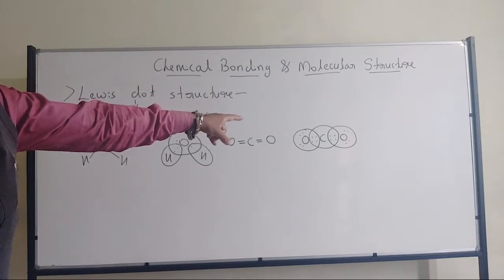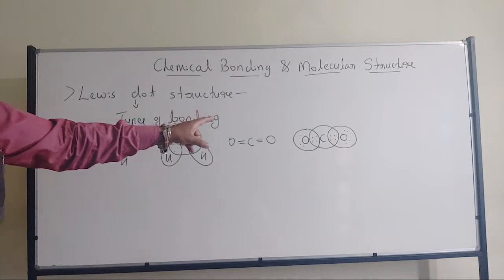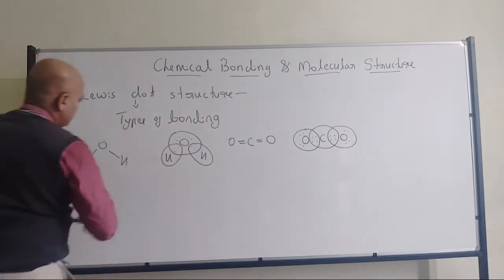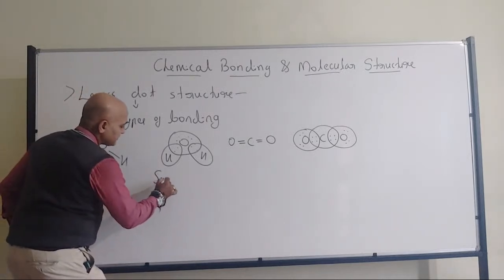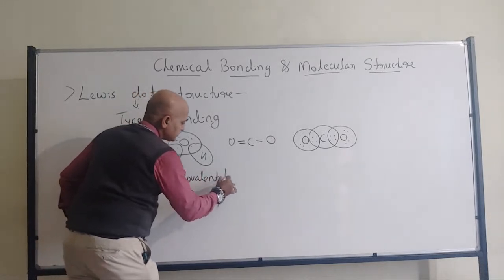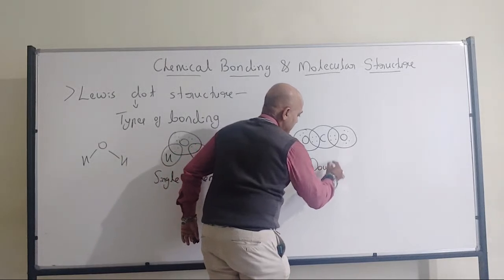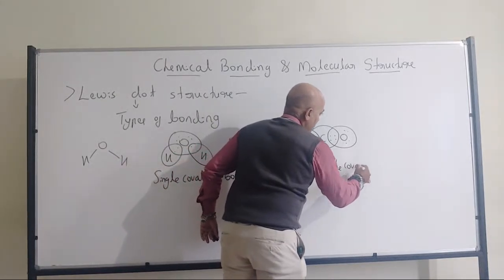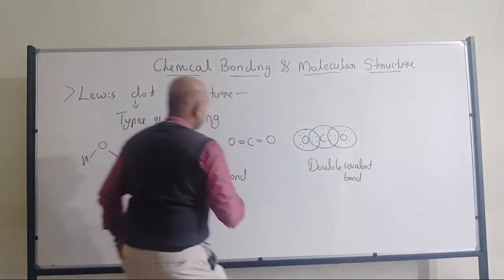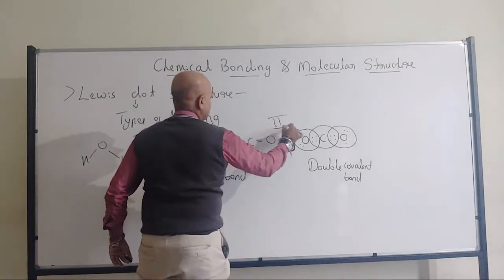Okay, extreme right one. Now, all of us we know that with respect to carbon dioxide, it is having double covalent bond. So, with respect to water, it is single covalent bond. Okay, and with respect to carbon dioxide, it is double covalent bond. Okay, so this is one condition. So this is second condition.